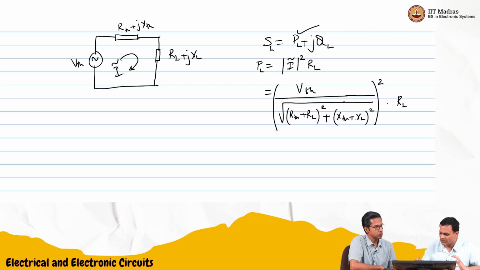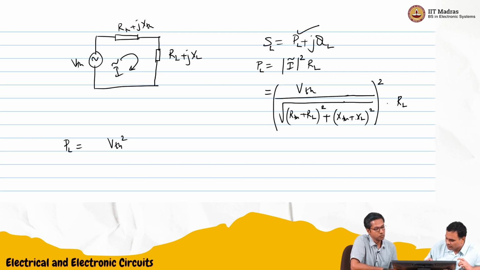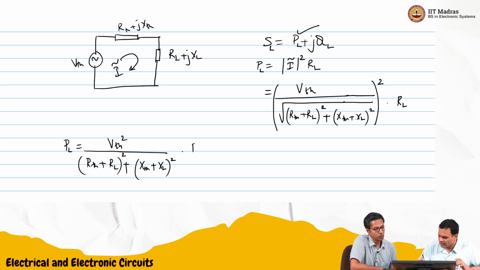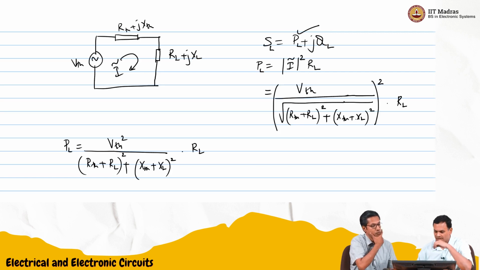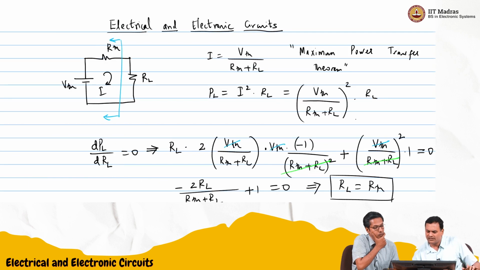Okay, so let's first simplify this. PL is VTH squared by RTH plus RL the whole square plus XTH plus XL the whole square, into RL. Let's go back and see what we did here.